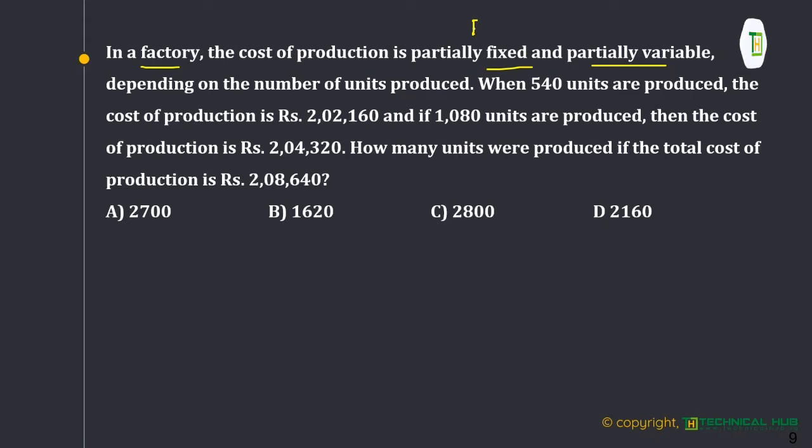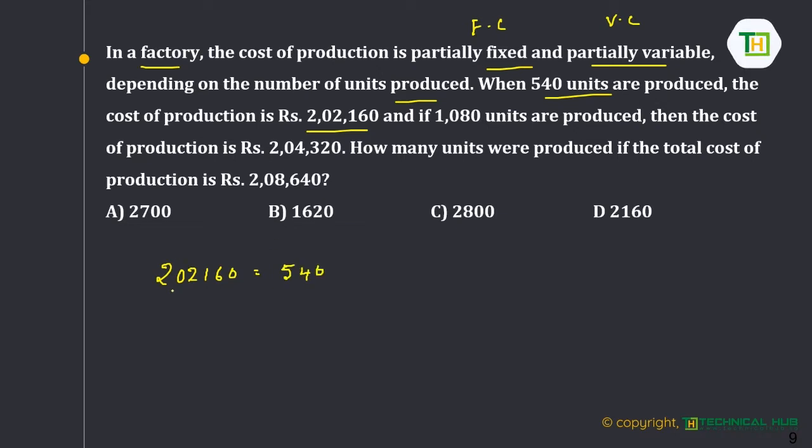So fixed charges are there and variable charges are there, depending on the number of units produced. When 540 units are produced, the cost of production is 2 lakhs 2,160 rupees.